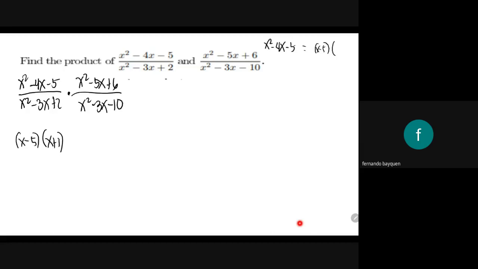In other words, what are the factors of negative 5 wherein if you are going to add those two factors, the sum is negative 4? What are the factors of x squared minus 3x plus 2? What about the others? Parang si Fernando lang yung sumasagot.